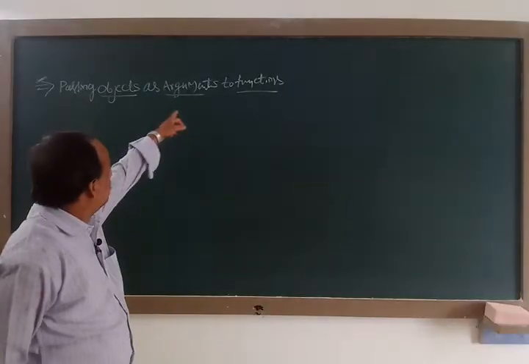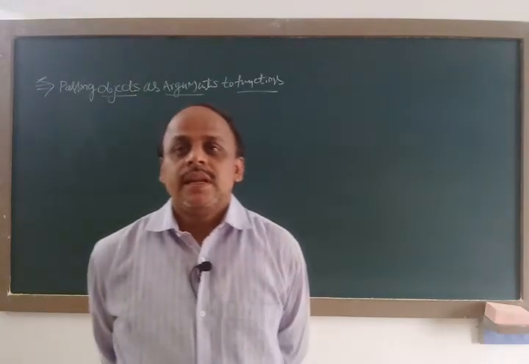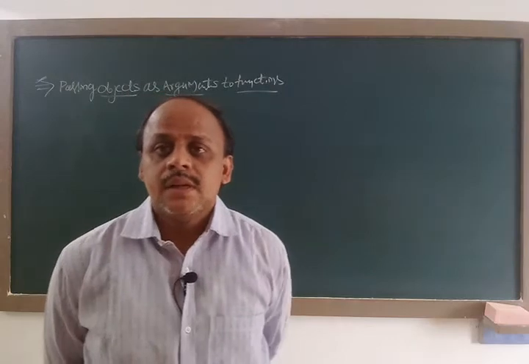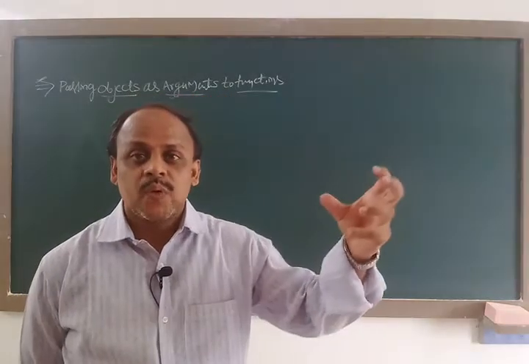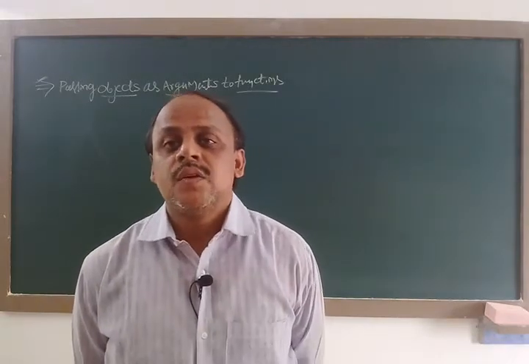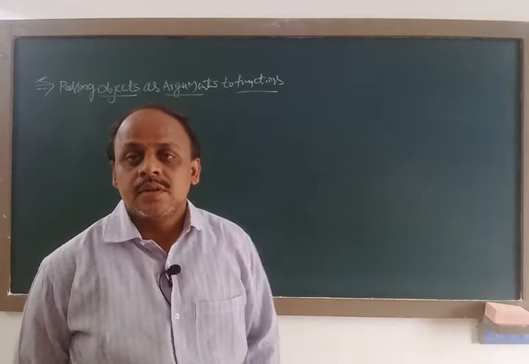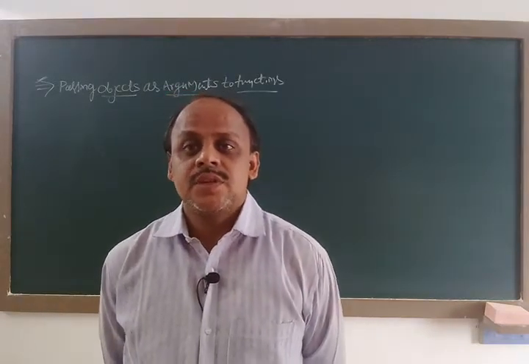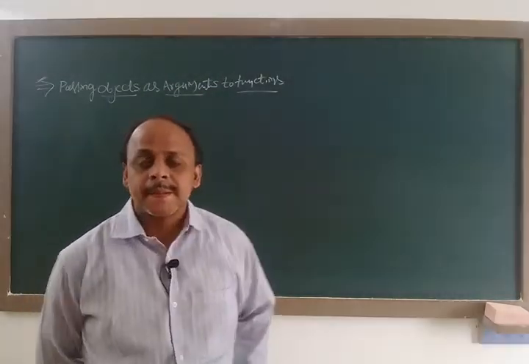So these arguments and functions we discussed in the first year. Let us recall once again. What is a function? A subprogram is considered a function. What is an argument? It is also called parameters.